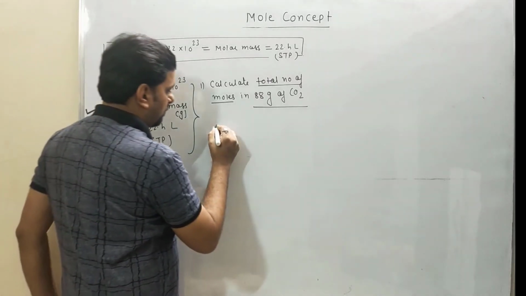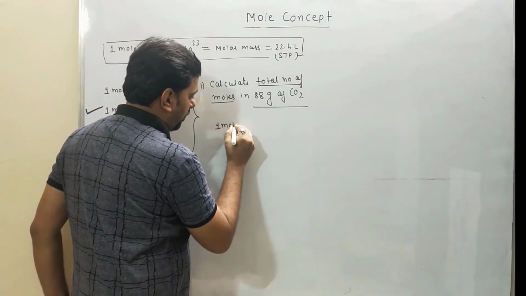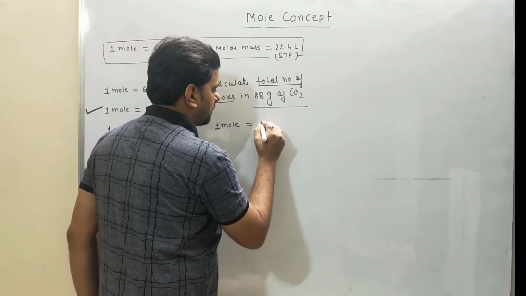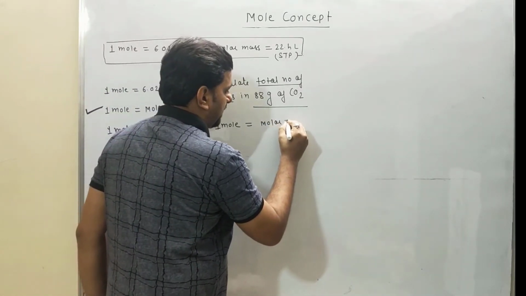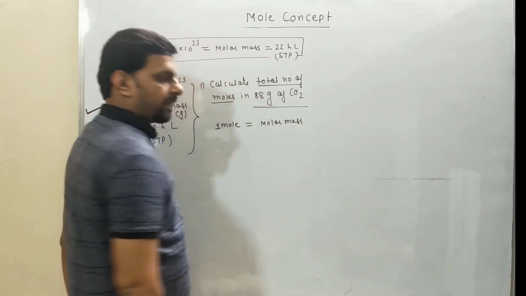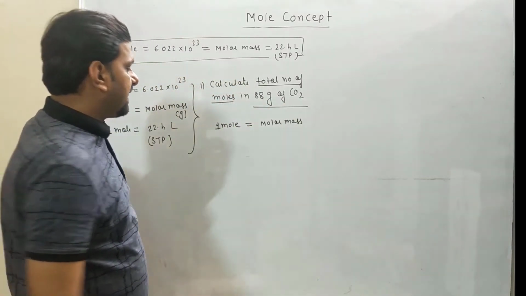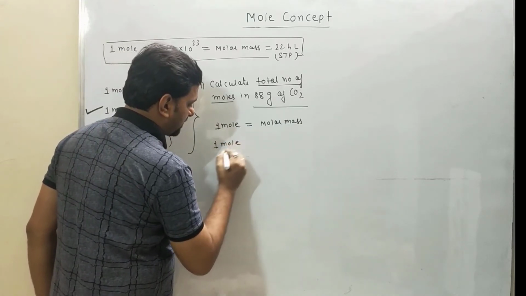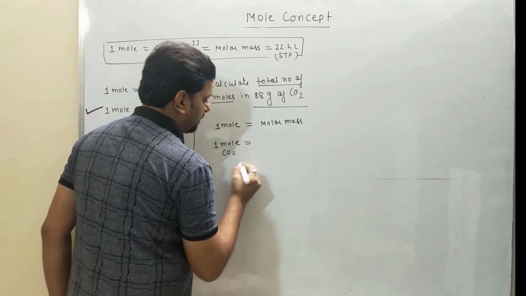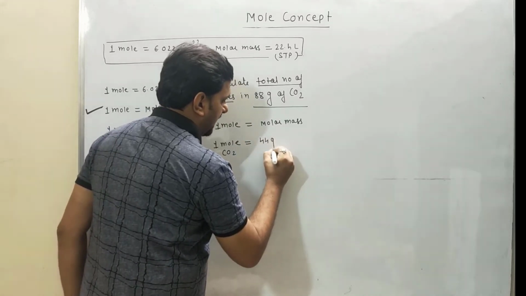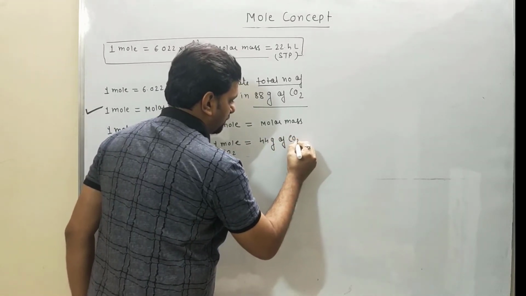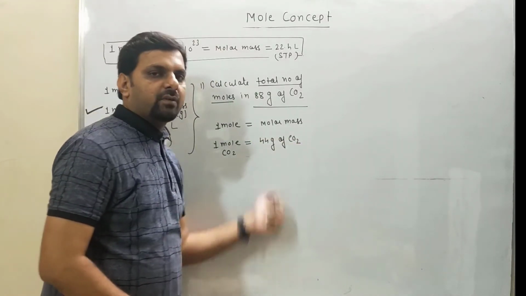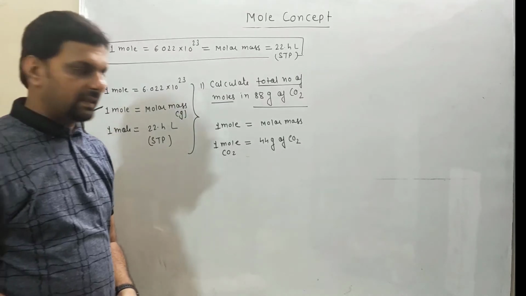Okay, so 1 mole of substance equal to their molar mass. Here we are taking CO2. So 1 mole CO2 equal to 44 gram of CO2. Molar mass of CO2 is 44 gram. Clear?